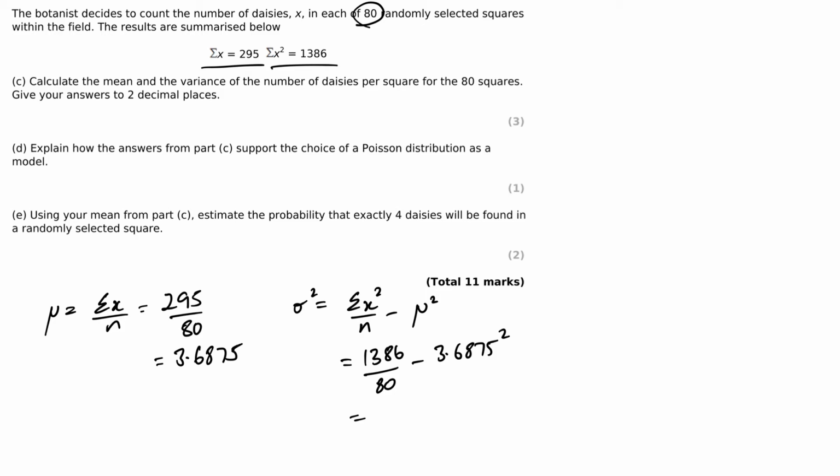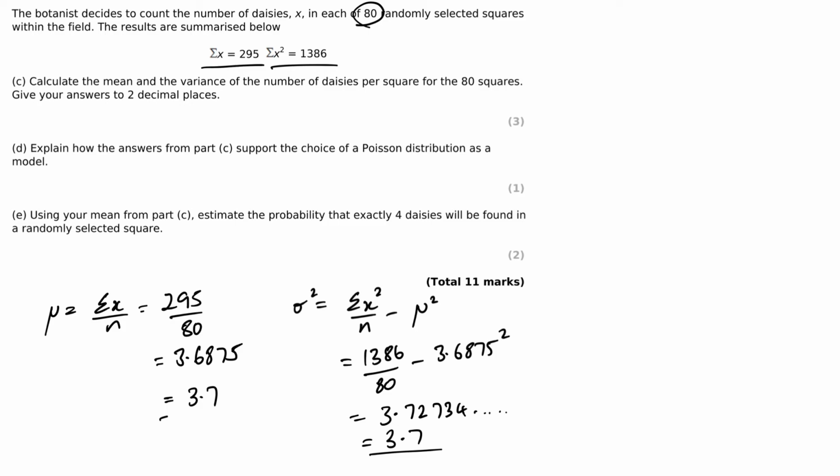In my calculator, 1386 over 80 minus my previous answer squared, and that will give me 3.72734 and so on.